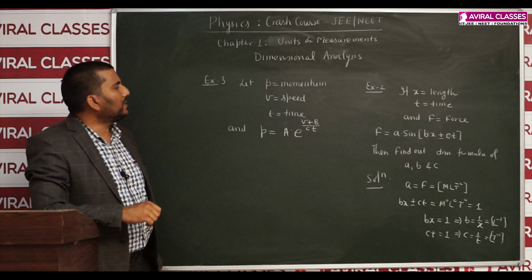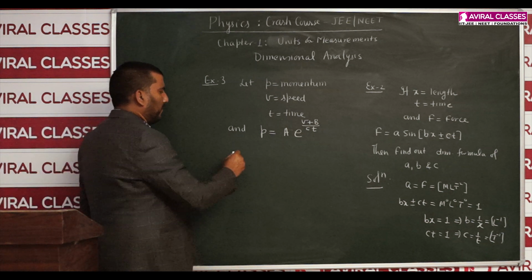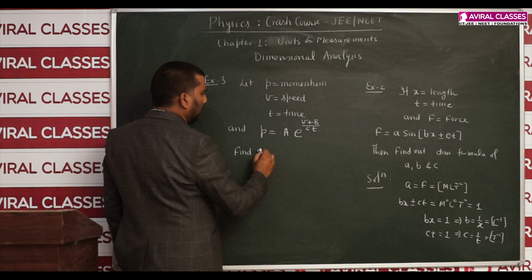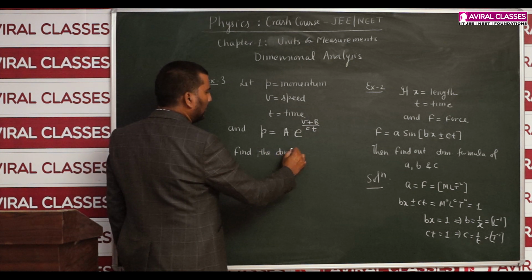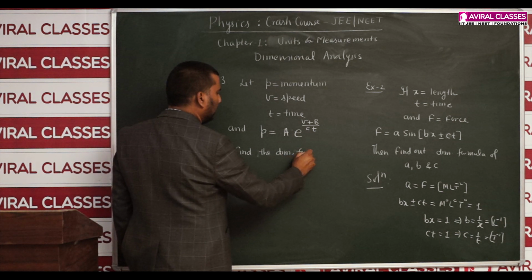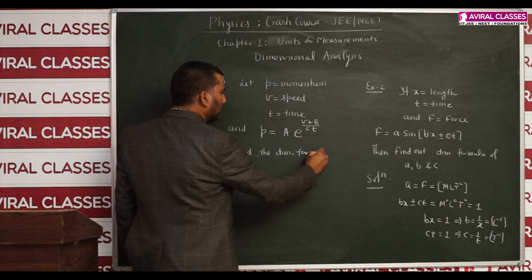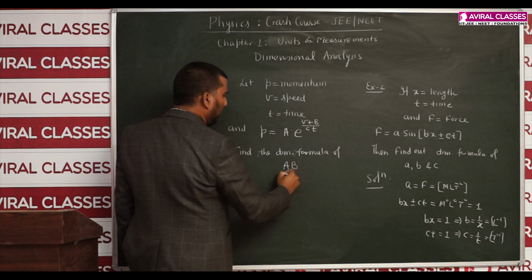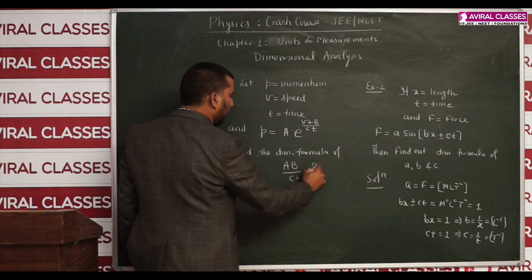Find the dimensional formula of AB upon C square.